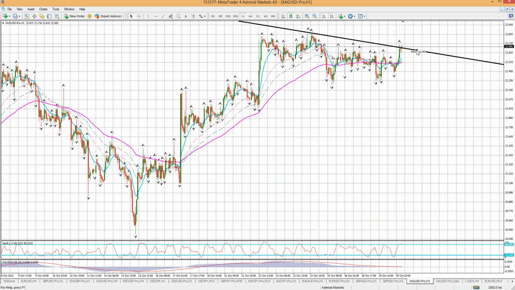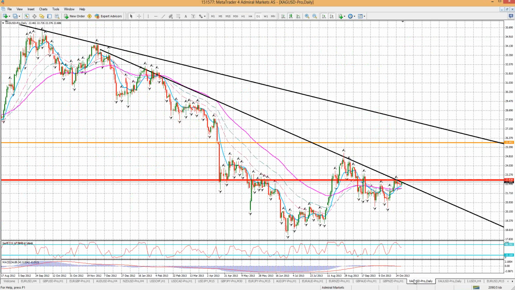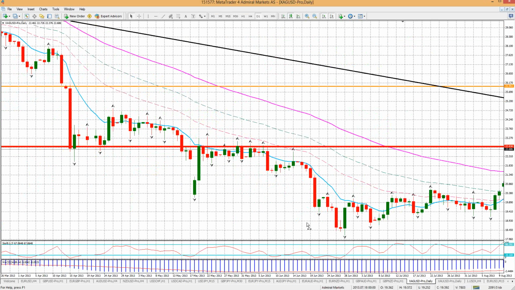Looks like we're about to do that. But we still have this 2280 to bear in mind, right? I would wait for that, because if we break the trend line, we'd be bumping into that resistance very soon, the red line resistance. I guess I have really nothing to add to this one.